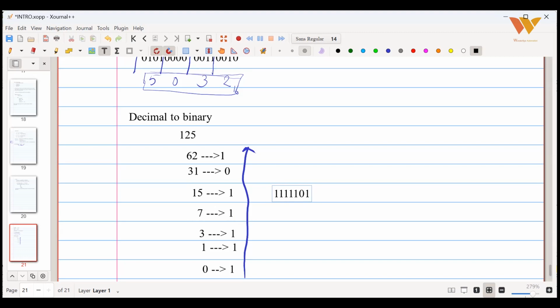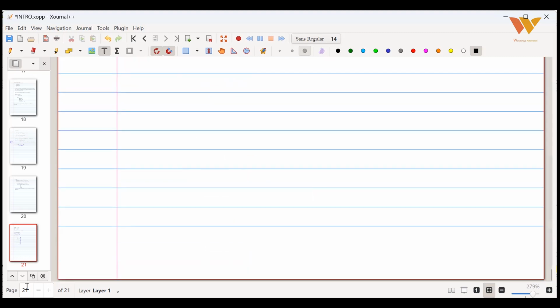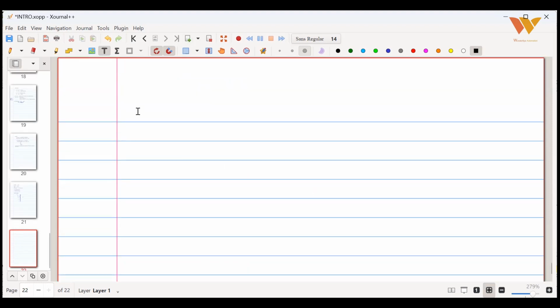Okay, now we'll do it from binary to decimal. Can anyone guess what we will do in binary to decimal? We'll take the same one, 1 1 1 1 1 0 1. How are we going to convert this from binary to decimal?